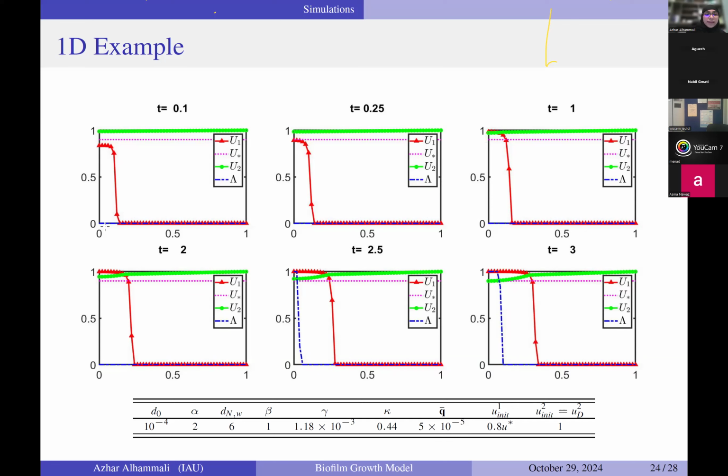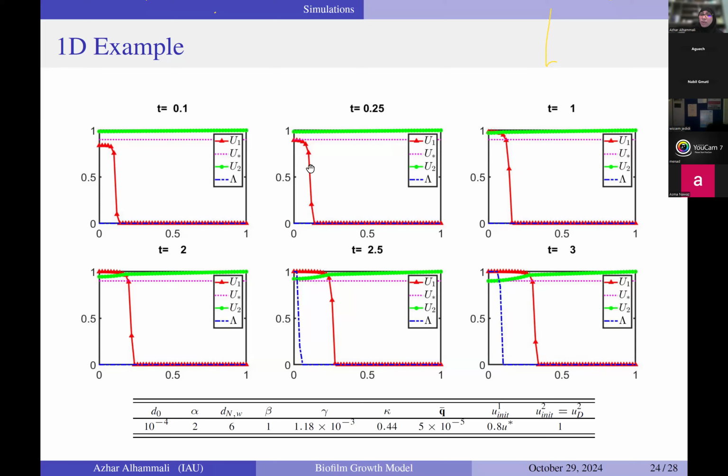And we assumed that at the initial time, the biomass is located in this region only, with density 0.8, where the maximum density is 1. The magenta line here represents the threshold of maturity, which is 0.9. I forgot to mention that nutrient is injected constantly at this wall, which means the medium is rich in nutrient.